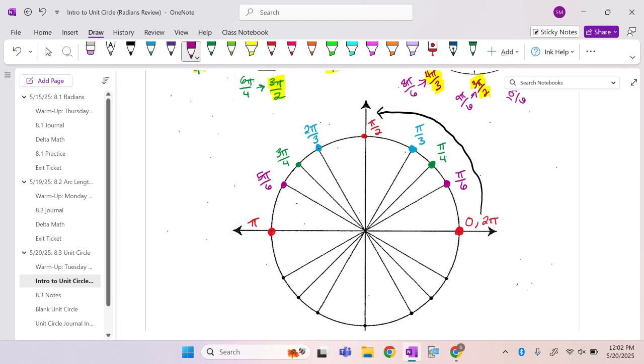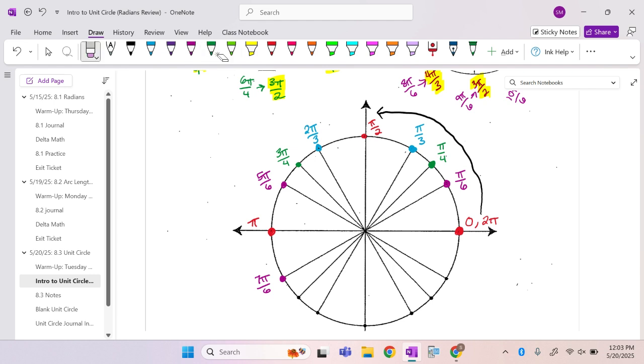Yes. After we finish this. Just this part, yeah. All right. Now, we're going another 6th of the way. So it'll be another 6 away from pi. 7 pi over 6.